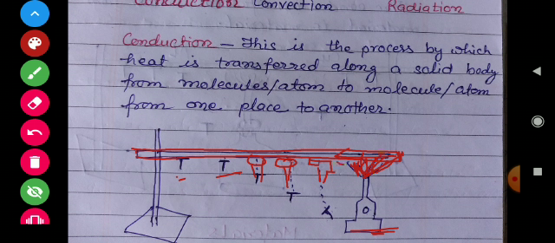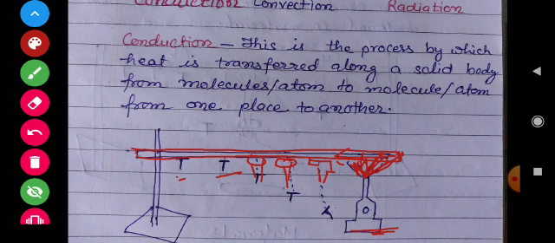So from the hot part, from higher temperature to lower temperature, it will move. In this case we will find that first of all the nail which is near the source of heat will get heated and fall, then the next one near the source of heat will fall.